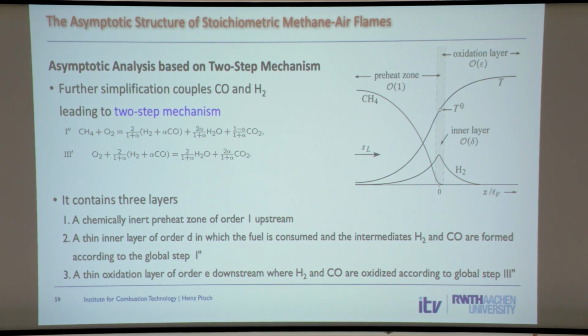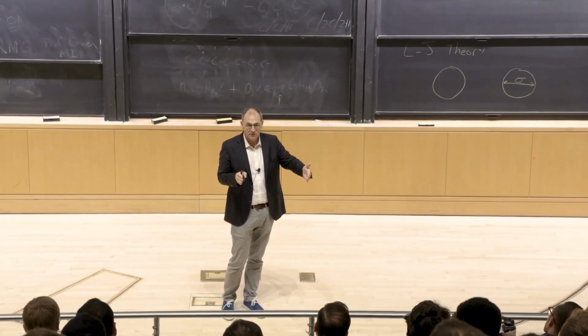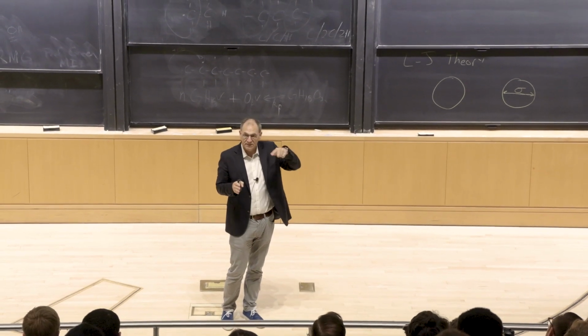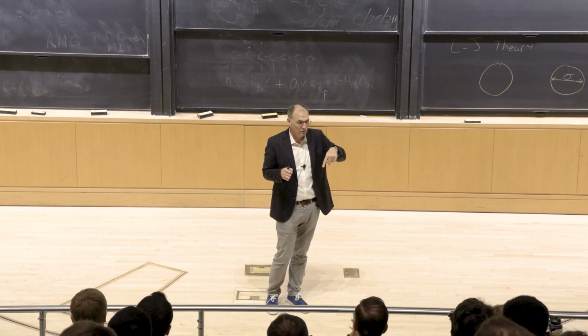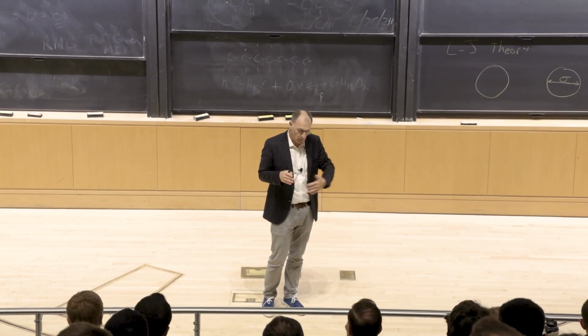Now for the analysis, what does it mean if I have 1-step, 2-step, 3-step, or 4-step? For the analysis, it really means each individual step has its own time scale. So if I'm a fluid parcel, or a fuel molecule that flies through the flame and is converted maybe to CO, then there is a delta x, a length that corresponds to the time scale of that reaction divided by the burning velocity, or the local velocity, you could say.